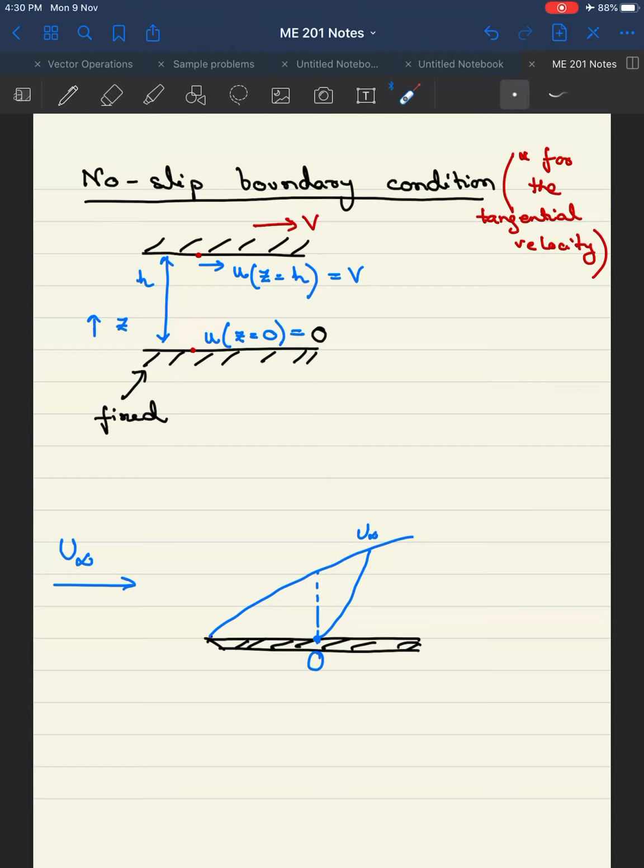Another consequence of the Euler's equation for steady incompressible frictionless flow is obtained when it is integrated along a streamline between 2 points. I'm going to show you this in a little bit more detail in the next class, but I'm just going to write down the equation.